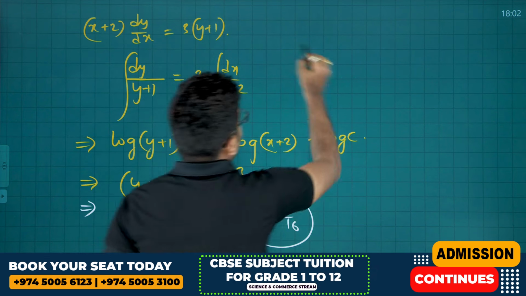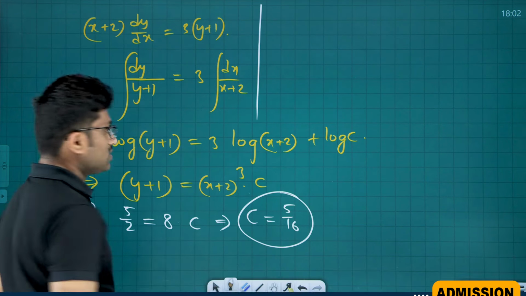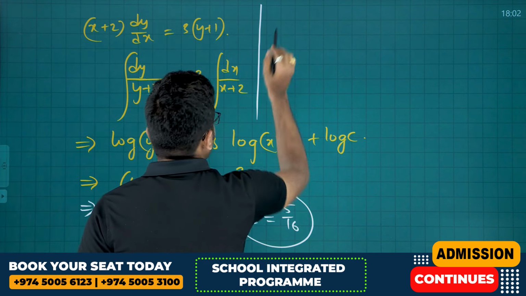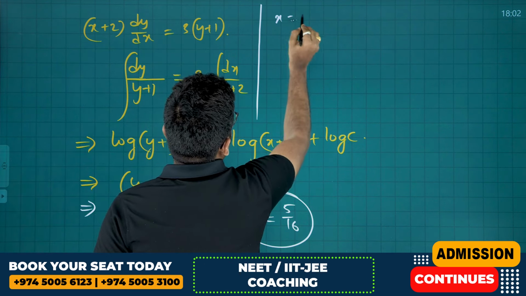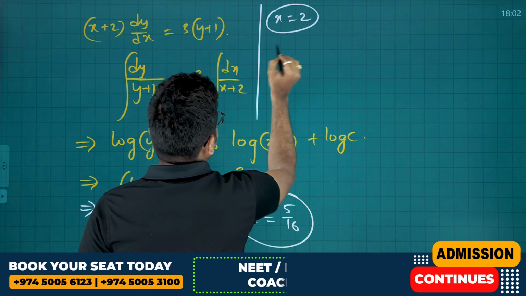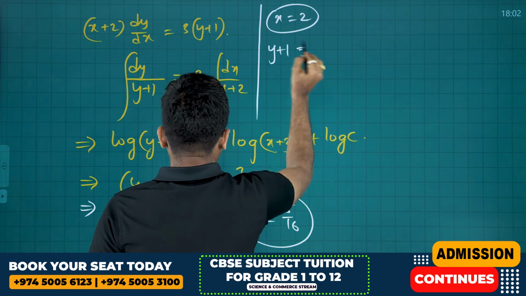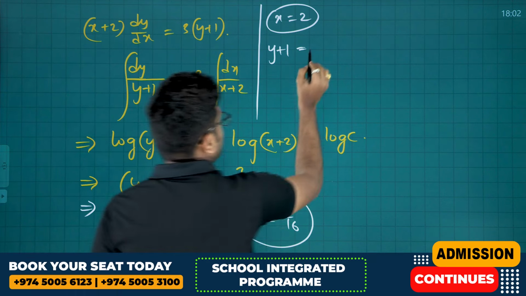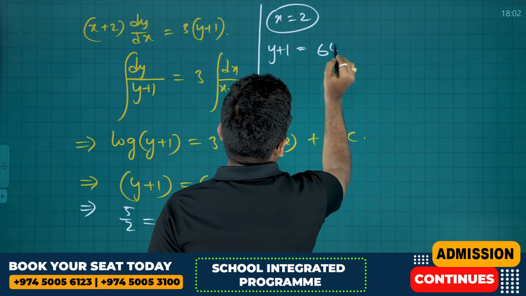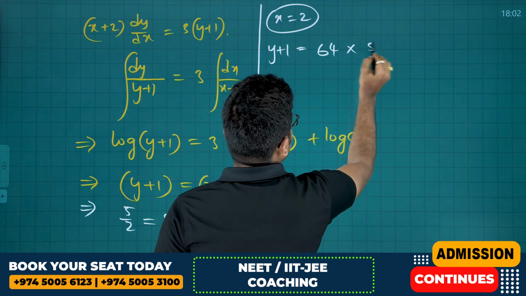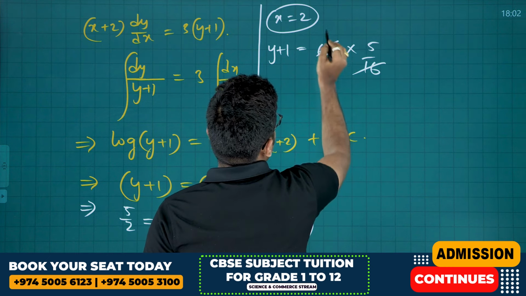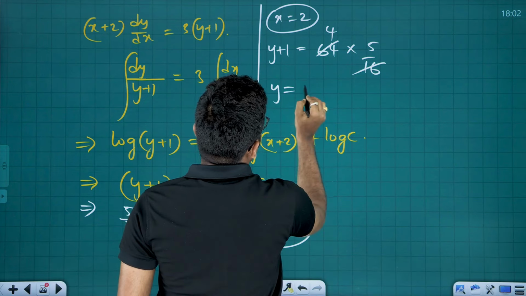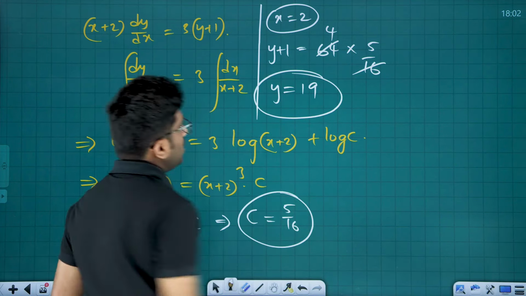Now we have got the c value also. They are asking us to find f of 2. f of 2 means the value of y when x is 2. Put x equal to 2. So y plus 1 is equal to (2 plus 2) cube, 4 cube is 64. 64 into 5 by 16, 16 4s are 64, so 5 4s are 20. y is equal to 20 minus 1, which is 19, friends.